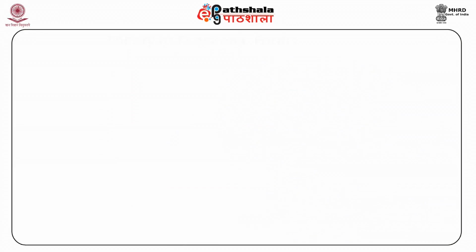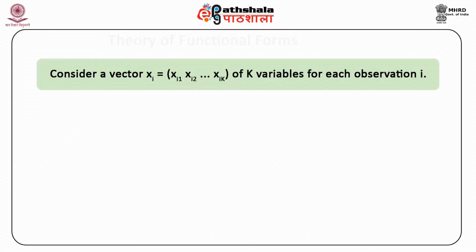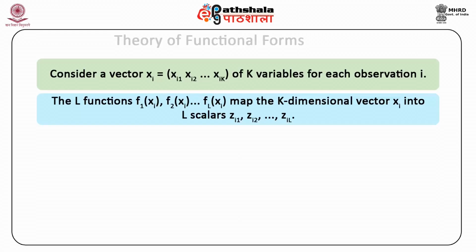Theory of functional forms. Consider a vector x_i consisting of x_i1, x_i2, ..., x_ik of k variables for each observation i. The L functions f1(x_i), f2(x_i), ..., fL(x_i) map the k-dimensional vector x_i into L scalars z_1i, z_2i, ..., z_Li.